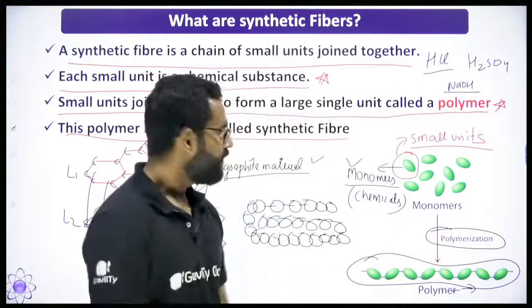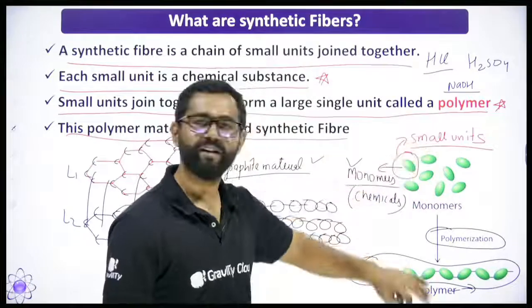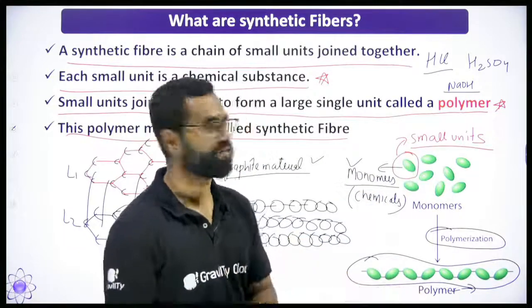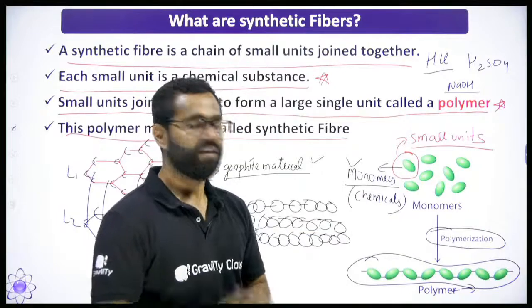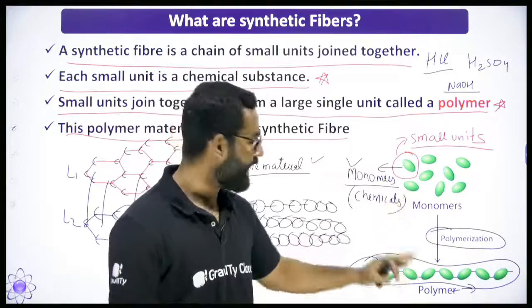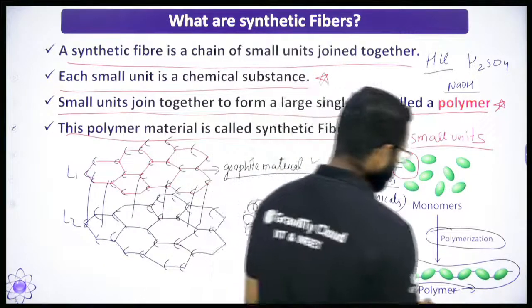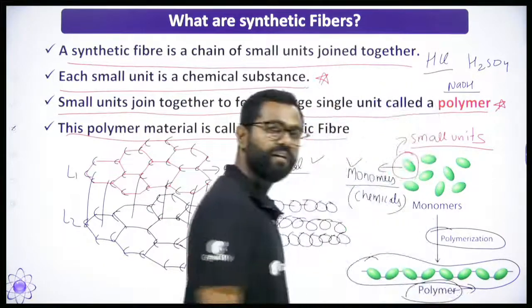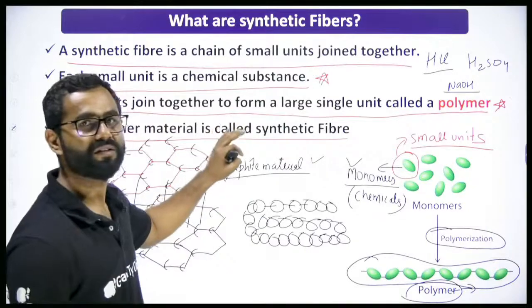Simple. When monomers join together to form the polymer, this process is called polymerization. So when polymerization occurs, monomers form polymers, and these polymers are actually the synthetic fibers.